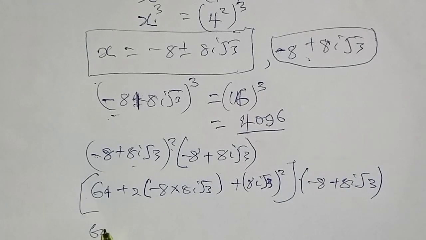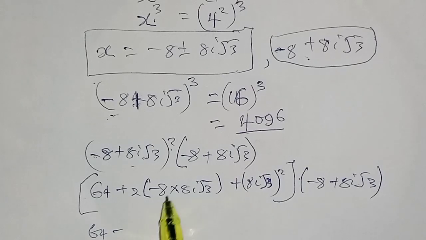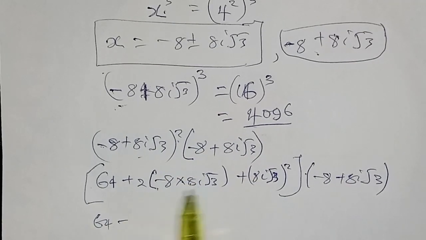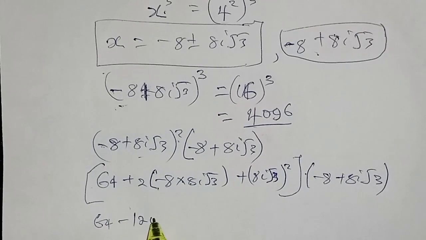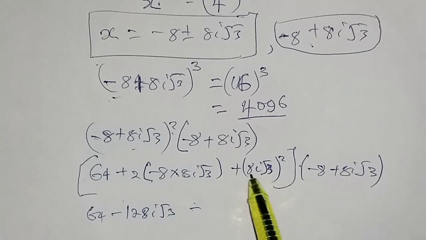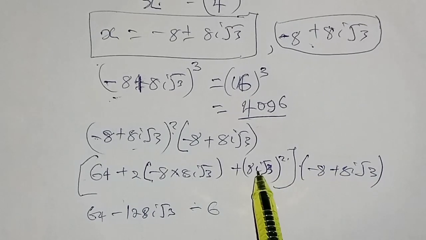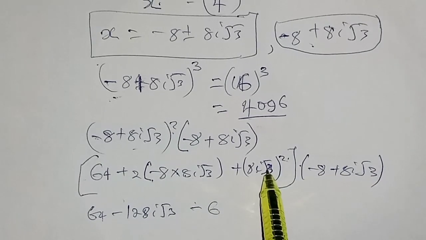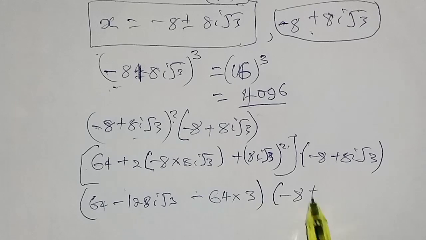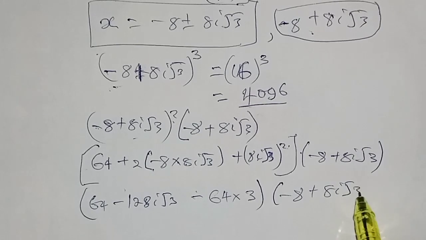Moving on, this is 64 and then minus, if you multiply this through, -8 times 8 is actually -64, and then multiplied by 2 will give us -128i√3, and then minus, from here 8 squared is actually 64, and then i squared is -1, 64 times 3, right here is also multiplied by (-8 + 8i√3).